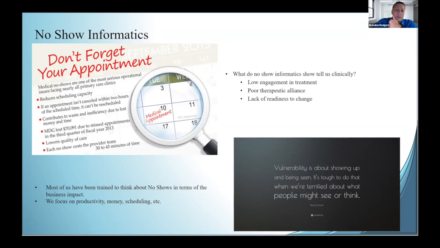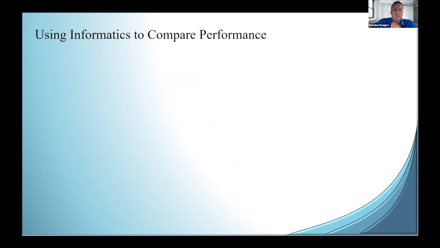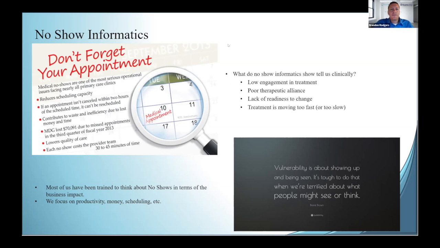I'm not really ready to deal with some of these scars that have happened previously. Or maybe treatment's going too fast or too slow. I'm not ready to deal with those things, or I'm bored. I don't want to keep talking about this issue that I've had. So I think those are all important things for us to try to keep an eye on, and try to ensure that we have properly followed up.